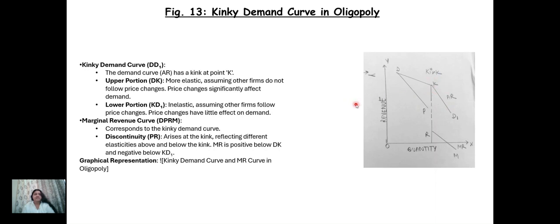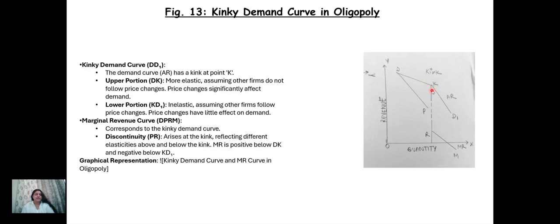This curve shows the more elastic part, where other firms do not follow price changes. This KD shows that if other firms do not follow price changes, it can affect demand.